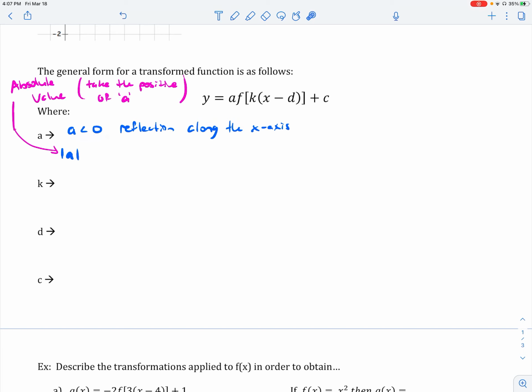So first we're going to have the reflection, and then depending on the value of A, we may have a stretch or compression.